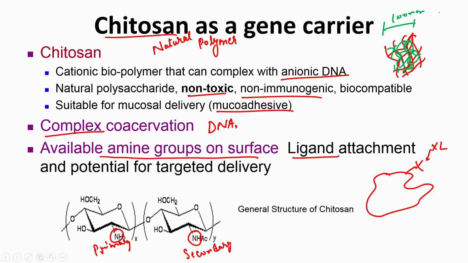So, if you have a complex like this, what will happen? So, now you injected it into the blood, and we were initially talking about one of the barriers is that the serum components such as nucleases will degrade it. So, now if you have a nuclease, it can't really access the DNA very well. So, the DNA is also protected while it is traversing in the serum.